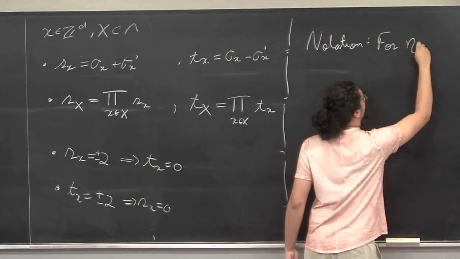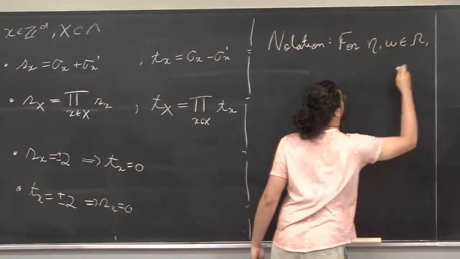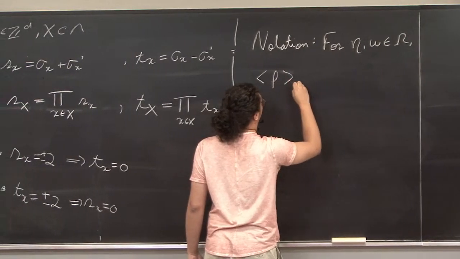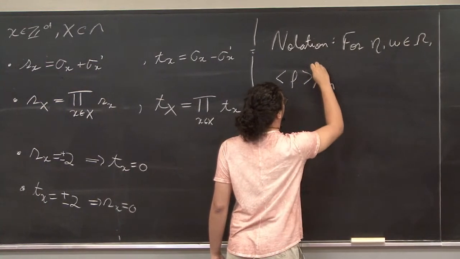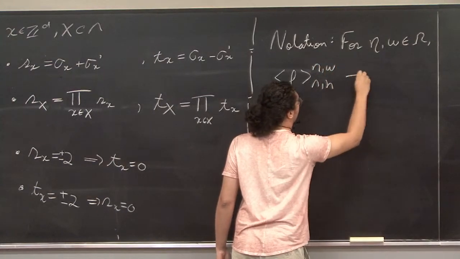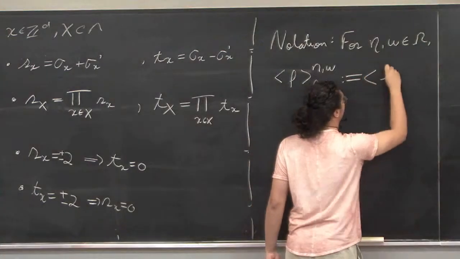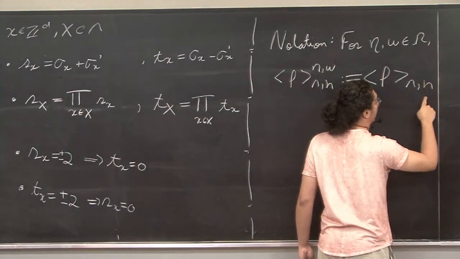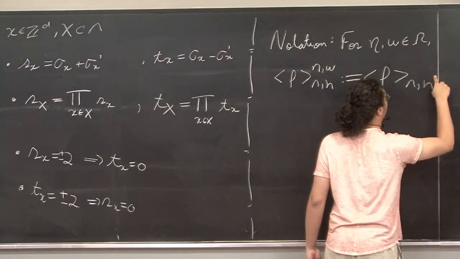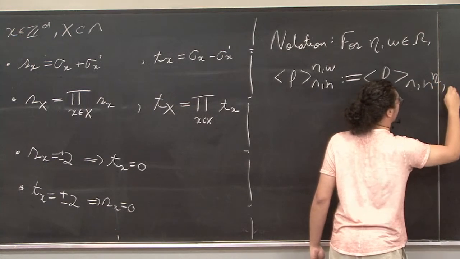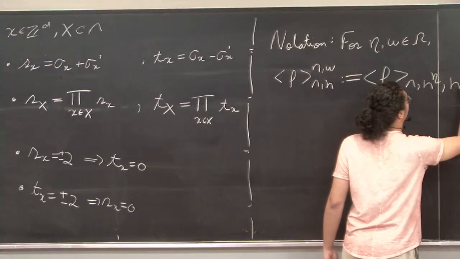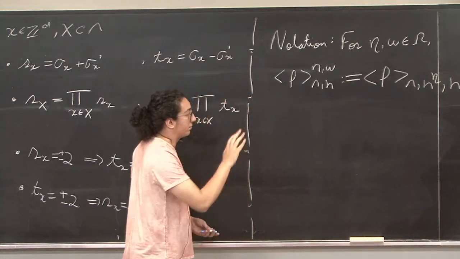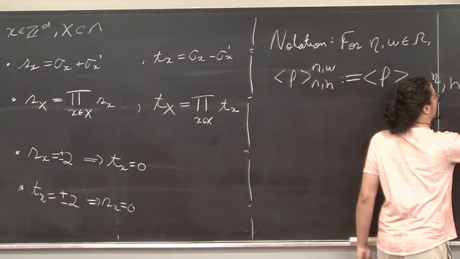Let's say eta and omega are two fixed configurations. The state space with boundary conditions is, by definition, the state space with f, and here we put lambda. The first external field is the one that induces the eta boundary condition, and the second one is the external field that induces the omega boundary condition. Again, for any local f.